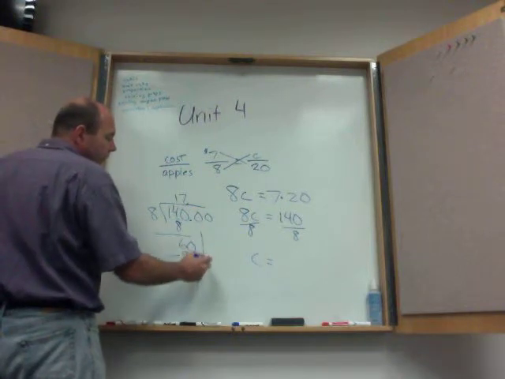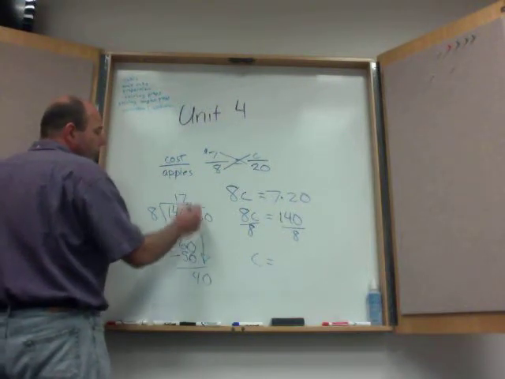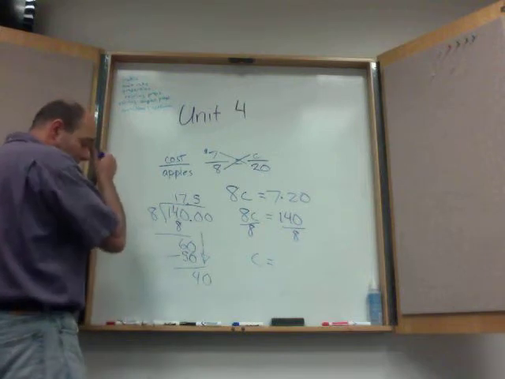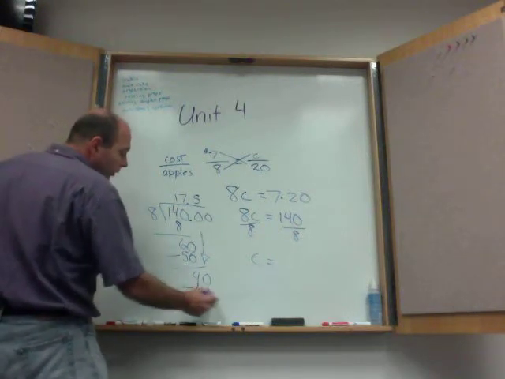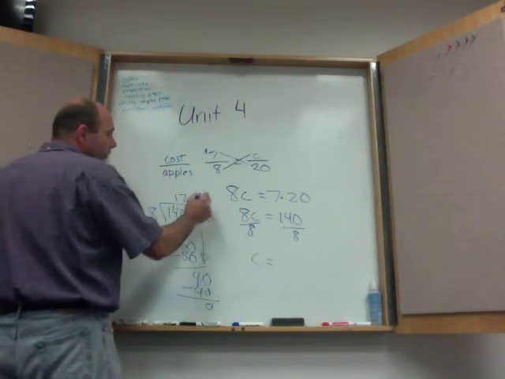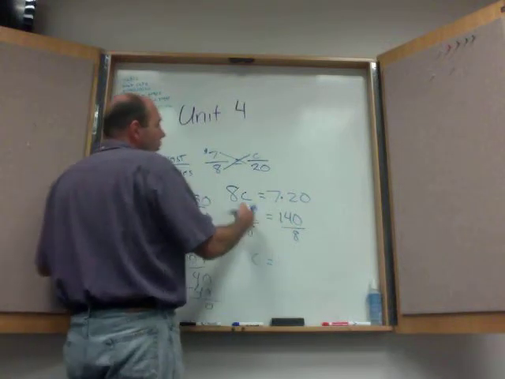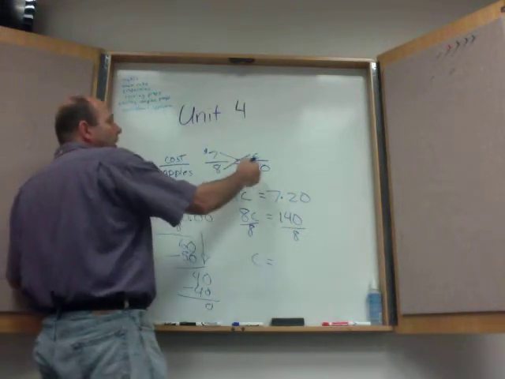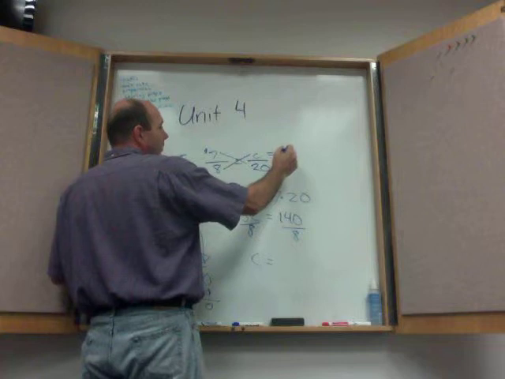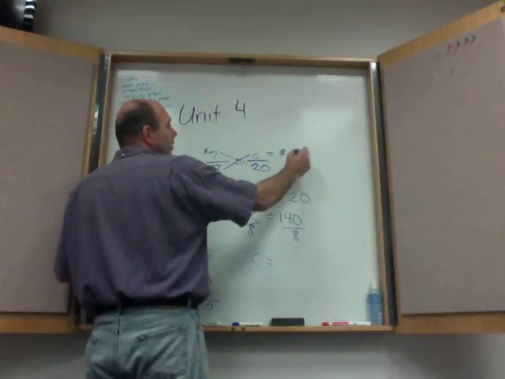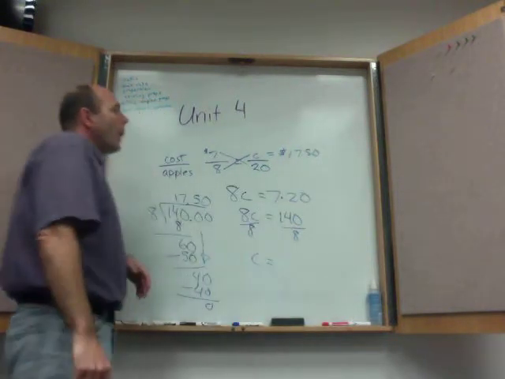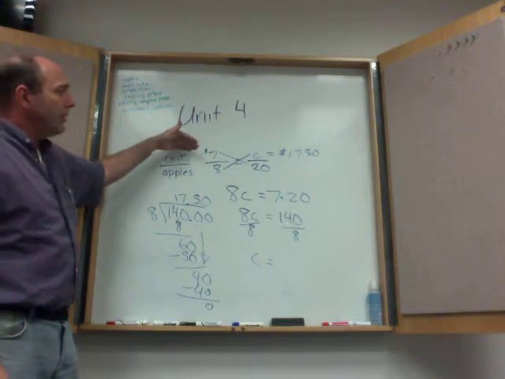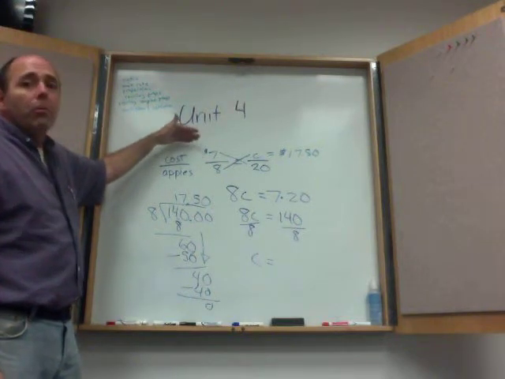Bring down this 0, and 8 goes into 40 5 times evenly with no remainder, but there's still that other 0 there. So that means that the cost of 20 apples is going to be $17.50.